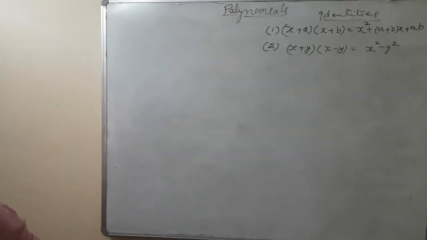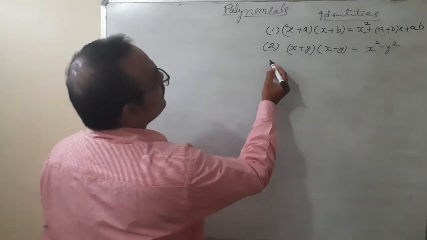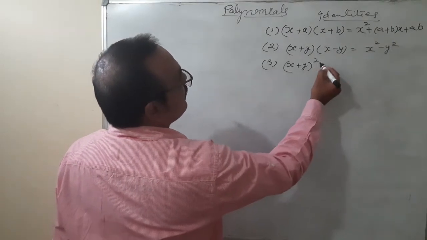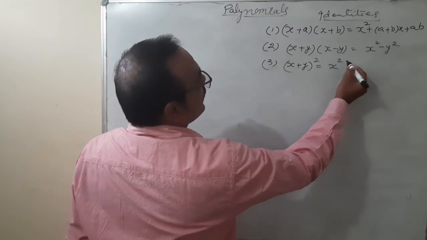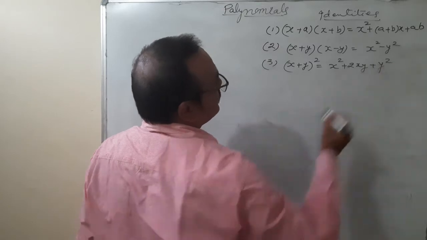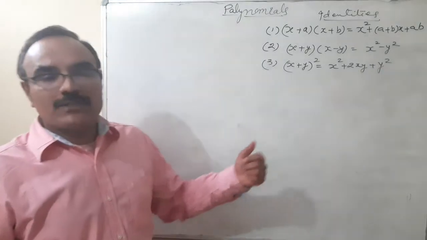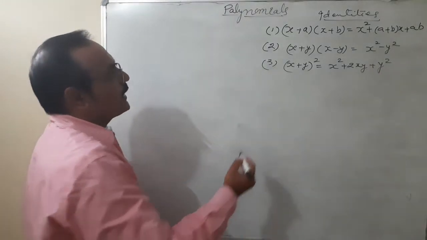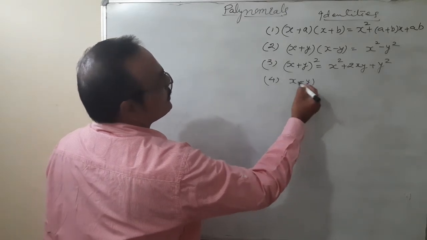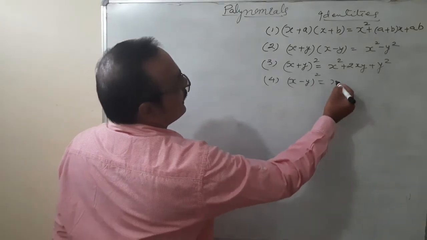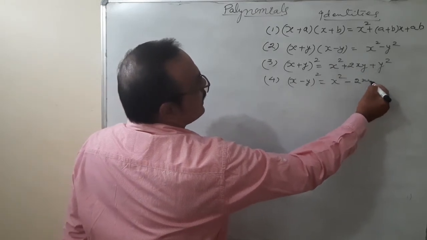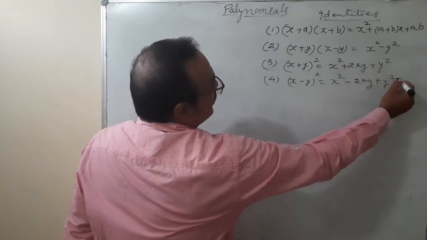Identity number 3, (x plus y) whole square is x square plus 2xy plus y square. The fourth I am also writing here because there is only a change in the sign. (x minus y) whole square is x square, in place of plus 2xy it is minus 2xy, and plus y square.